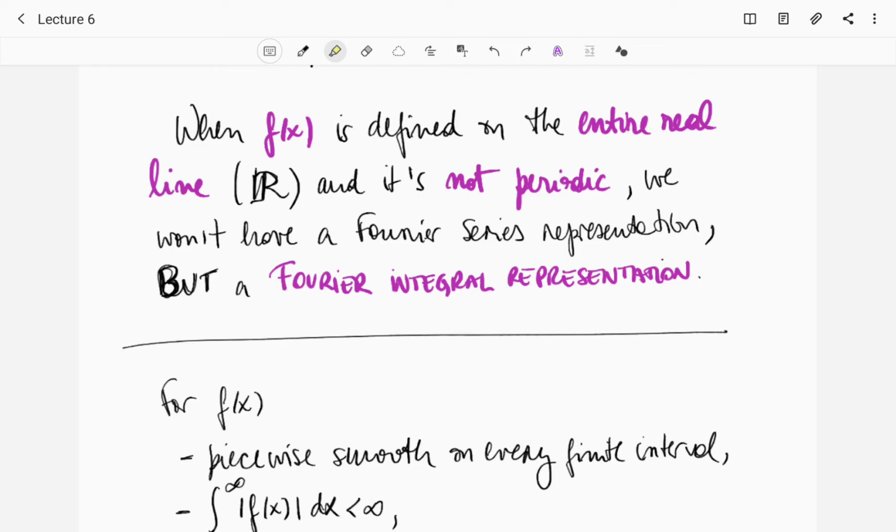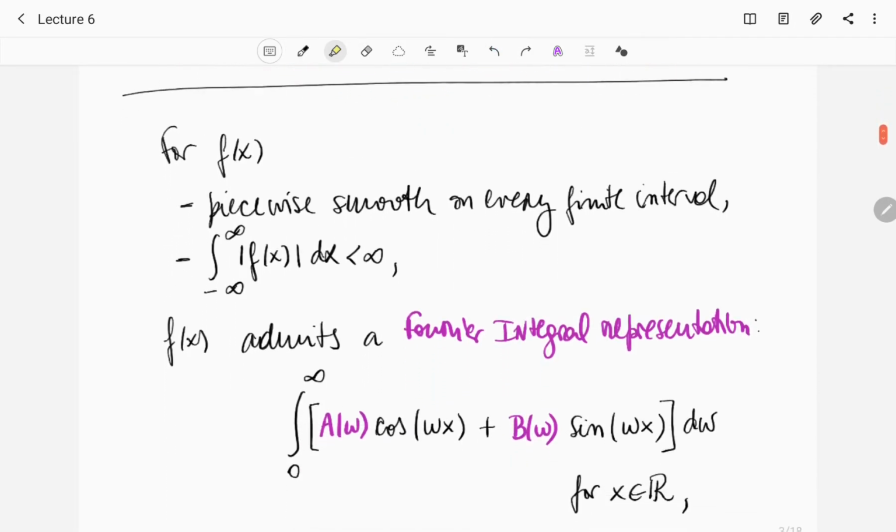So if we are not periodic, we won't have a Fourier series representation, but we do have a Fourier integral representation. So let's see what that means.